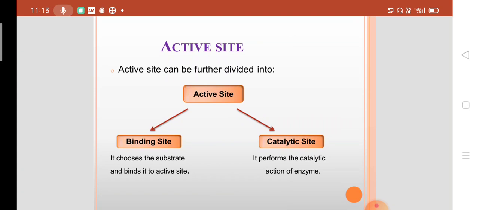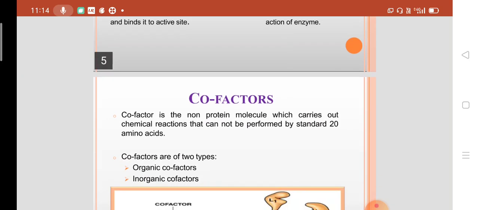The active site can be divided into two: binding site and catalytic site. The binding site chooses the substrate and binds to it, whereas the catalytic site performs the catalytic action of an enzyme.